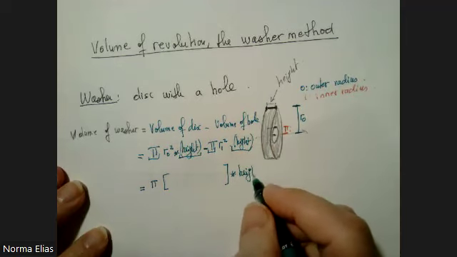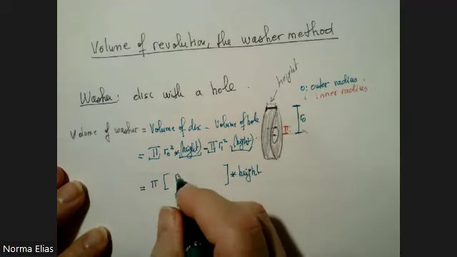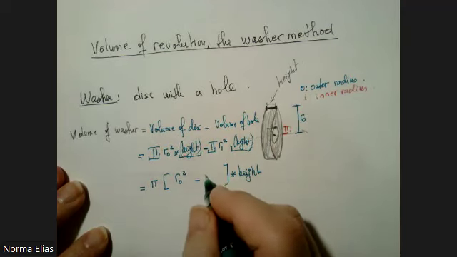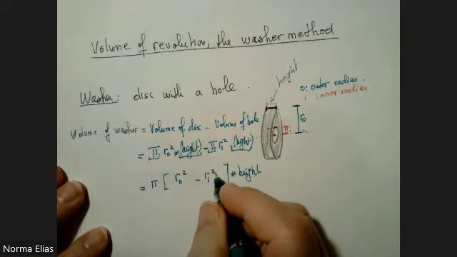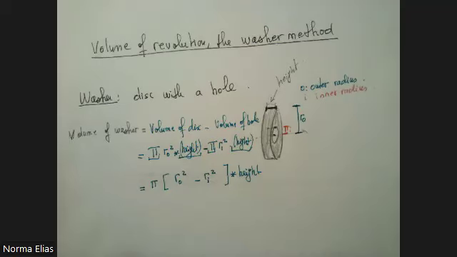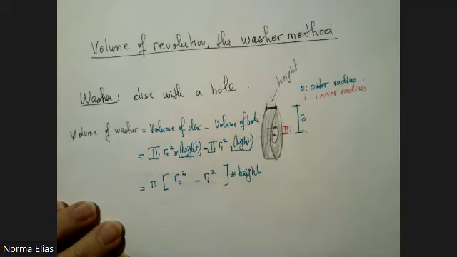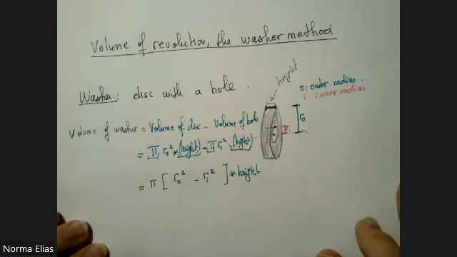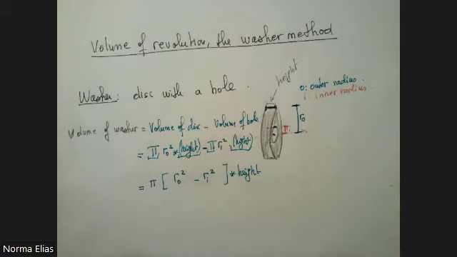What I will be left with inside is the outer radius squared minus the inner radius squared. So the volume of the washer is going to be that. Questions about this? That's about the only thing I wanted you to memorize from that. There is no formula whatsoever. Once we know this, as you will see in a minute, we will solve every problem we need.